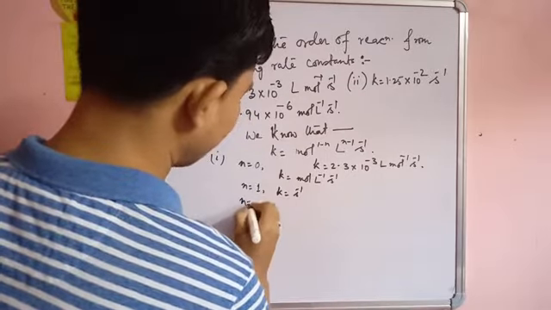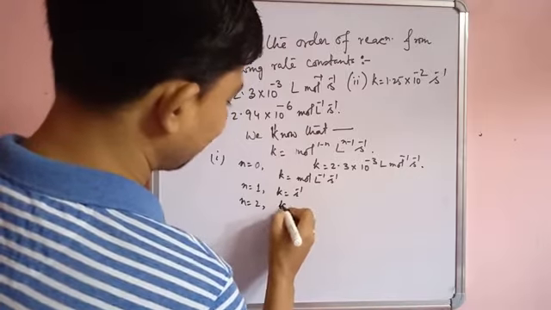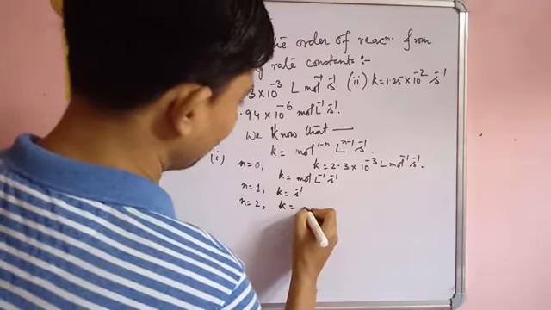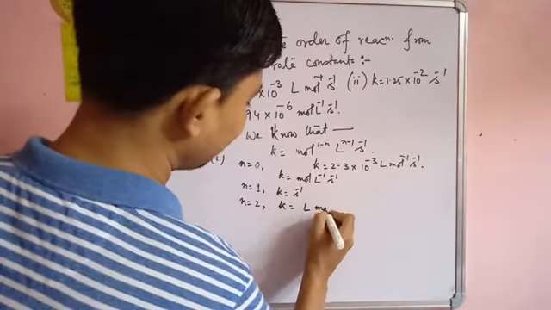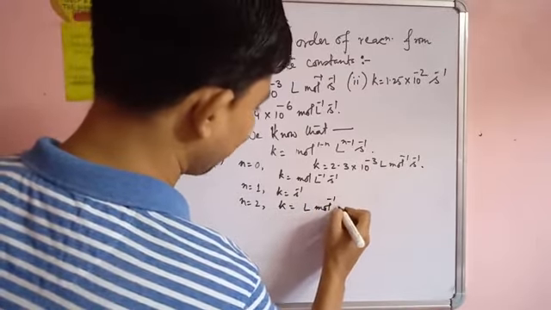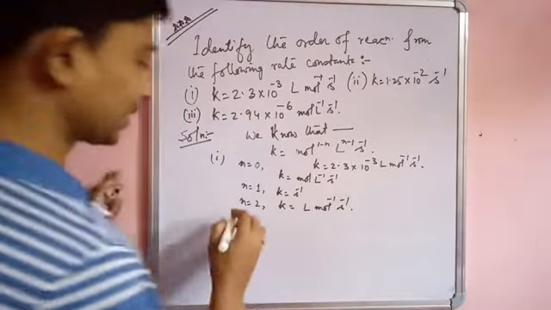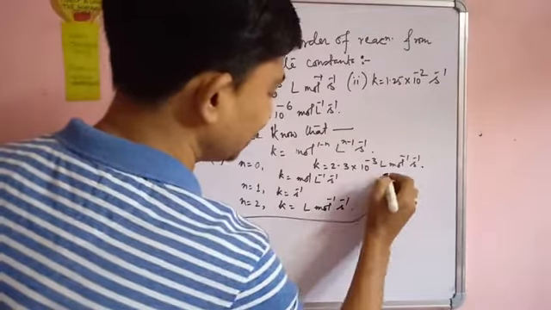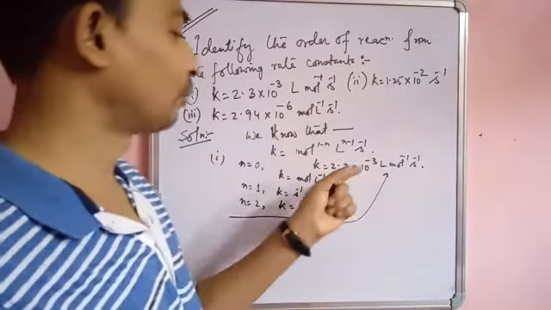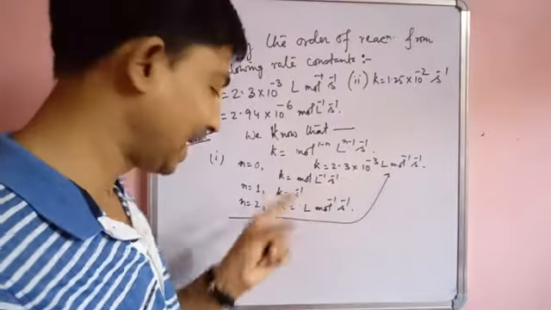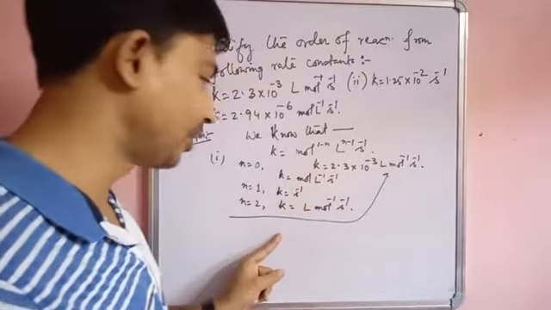And if we put n equal to 2, then k is liter per mole per second. This is coinciding with the given value, which means that for this rate constant, n is equal to 2.